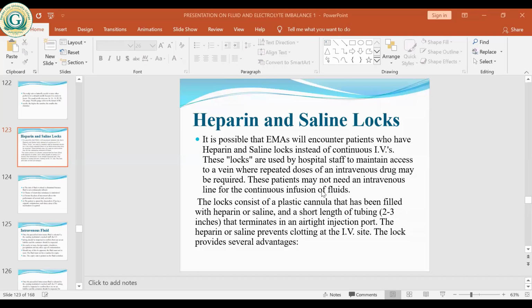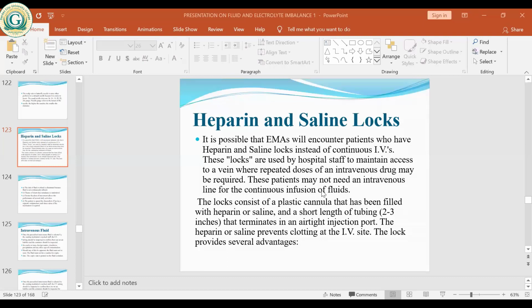So normally on the ward, we don't have the plastic cannula filled with heparin or saline, but we normally use or improvise with a syringe. After the infusion or the medication is given, we fill the syringe halfway, and we put the syringe to fit tightly to the cannula, and we plaster it to maintain it in position.